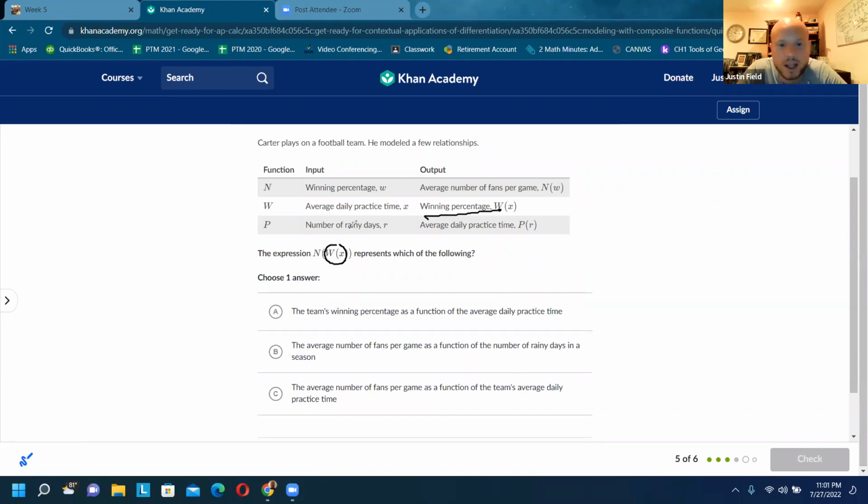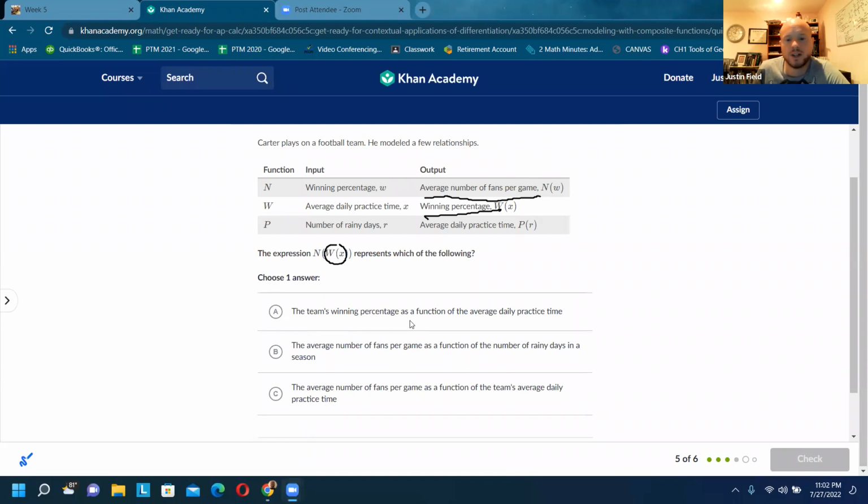And N of W is the average fans per game. So if we substitute in the winning percentage, it's basically going to tell us the number of fans per game based on the winning percentage.